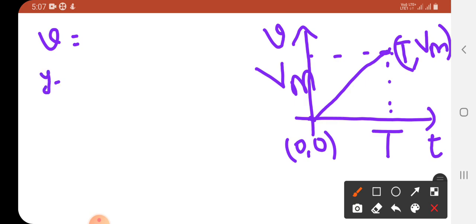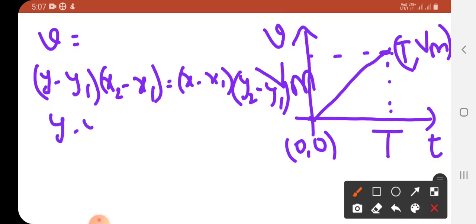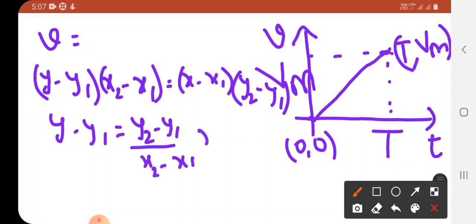y minus y1 into x2 minus x1 is equal to x minus x1 into y2 minus y1. Or you can also write this as y minus y1 is equal to (y2 minus y1) by (x2 minus x1) into (x minus x1).